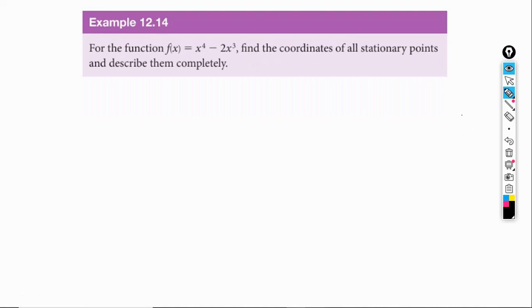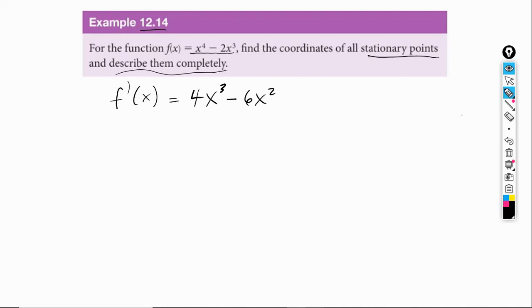Very well, so here we are now on example 12.14, where they say for the function f of x equals x to the 4 minus 2x cubed, find the coordinates of all stationary points and describe them completely. So it's basically the same thing we were doing before. First thing to do is find the derivative. The derivative of that expression is going to be 4x cubed minus 6x squared.